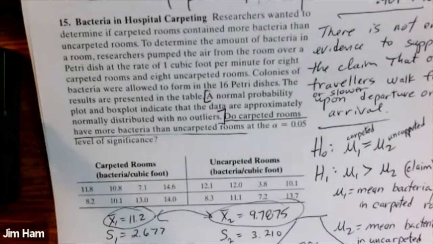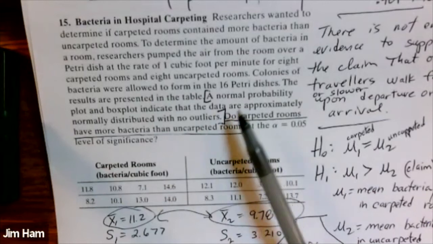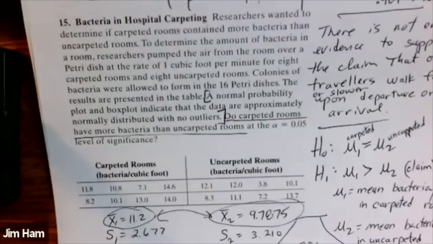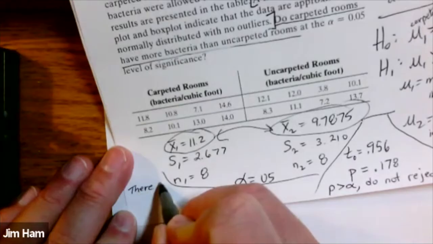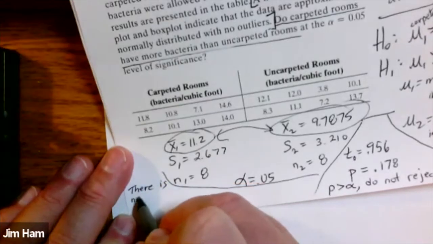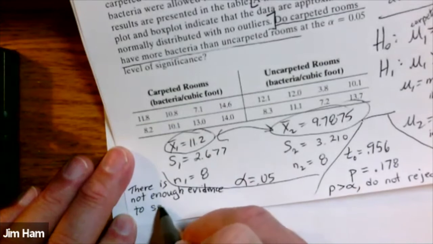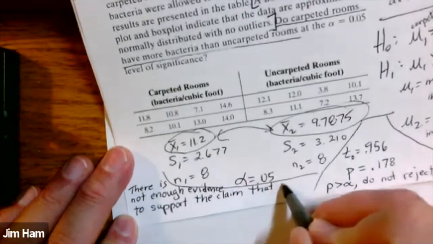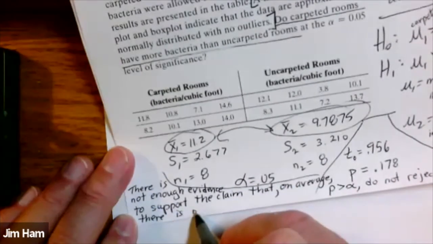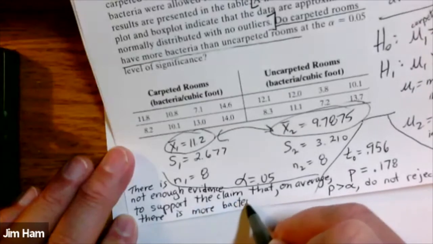In the previous example where we had 35 and 35, those sample sizes were larger than 30, so we were good. In this case, they tell us that the data are approximately normal, and so we can use the t-test here.